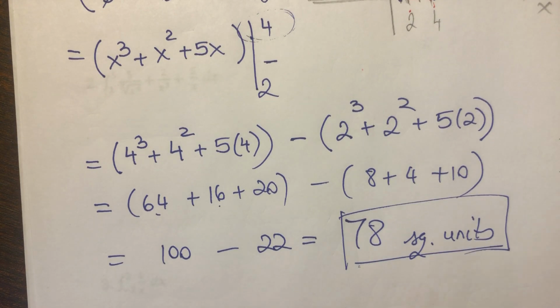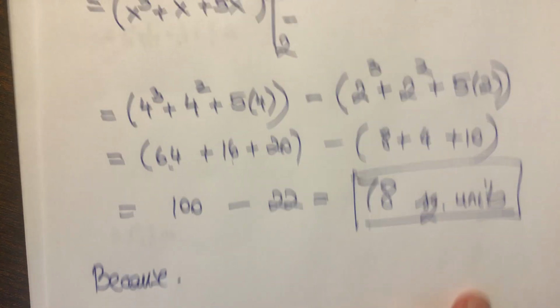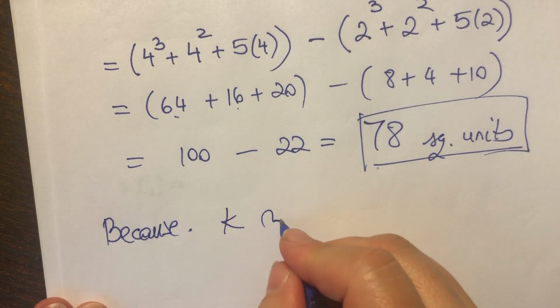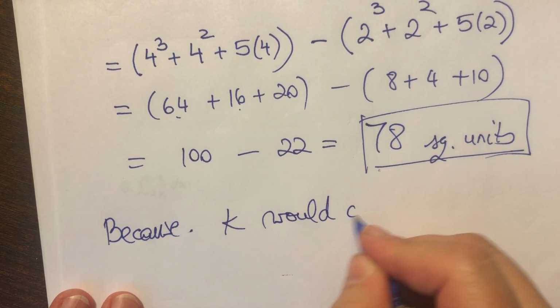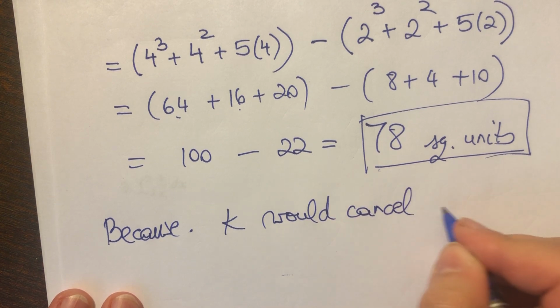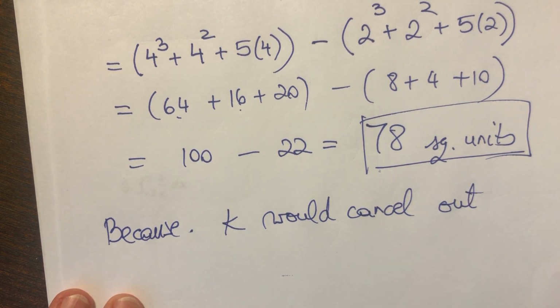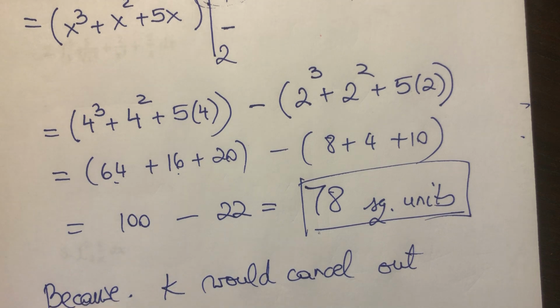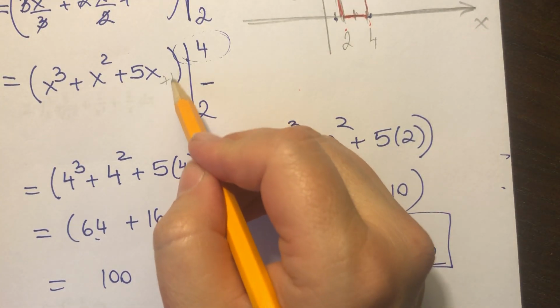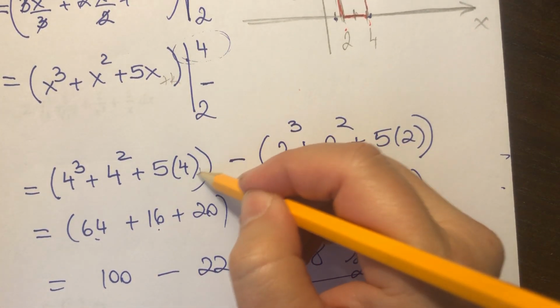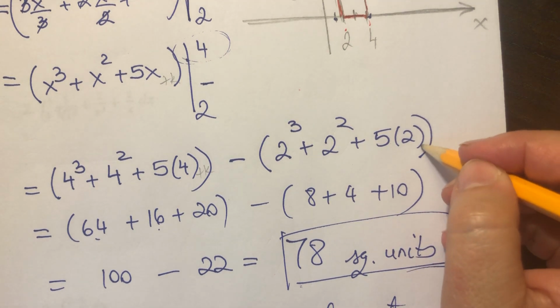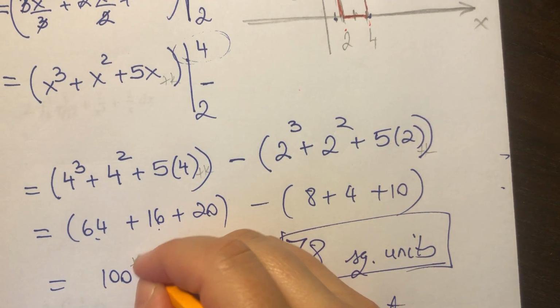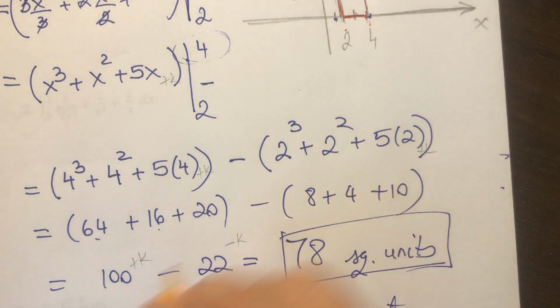Okay, so one more time, because k would cancel out. What do I mean by k would cancel out? If I'd put a plus k here, yes, I'd have a plus k and a plus k, which will be a plus k, and then a minus k, right?